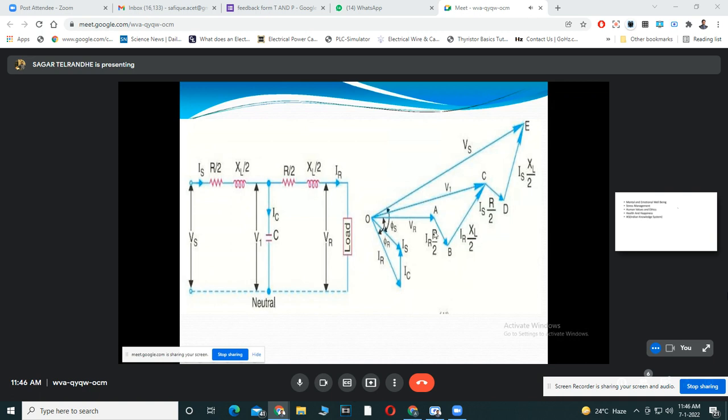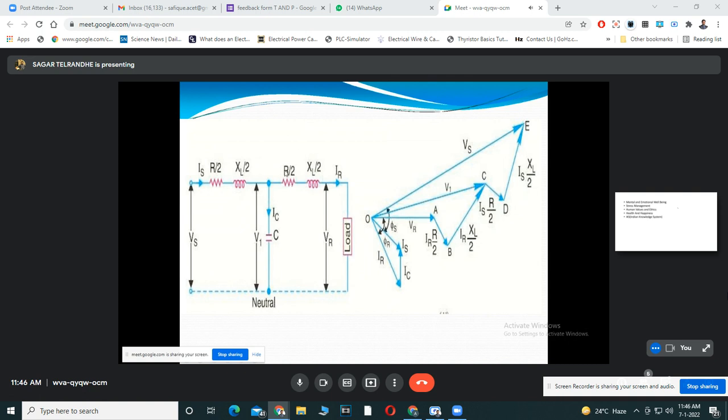So again, the IR into XL by 2 is represented as shown here. Now, in the second half we have another half resistance and another half inductance.